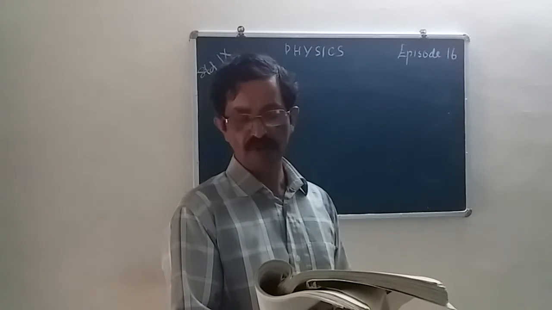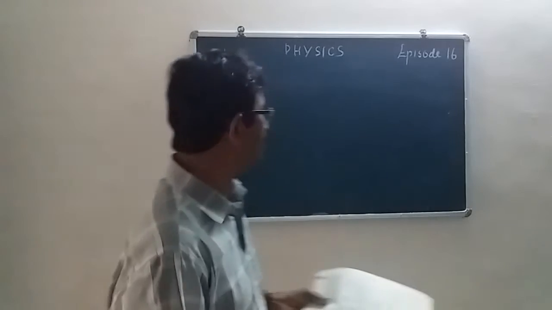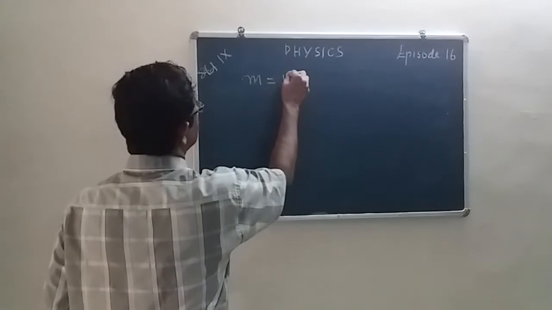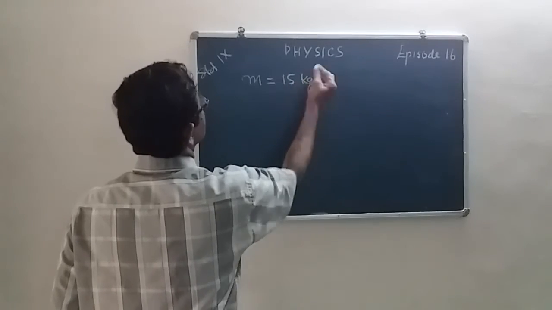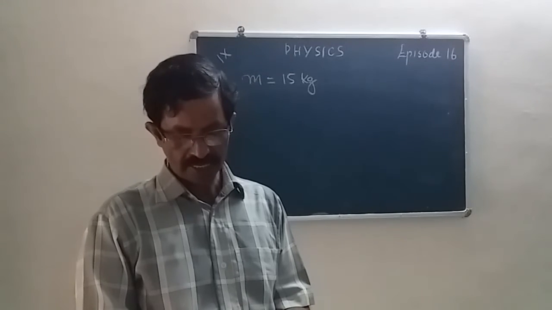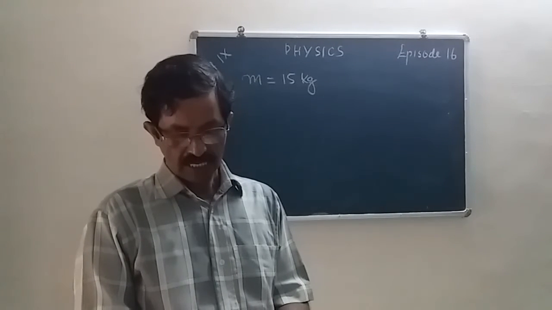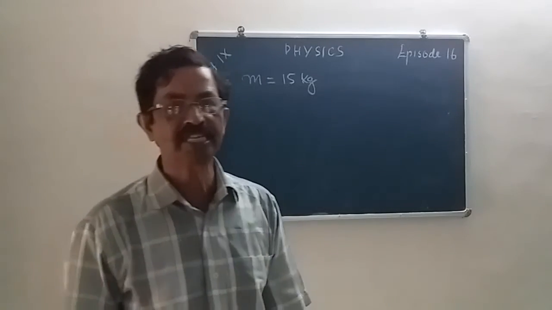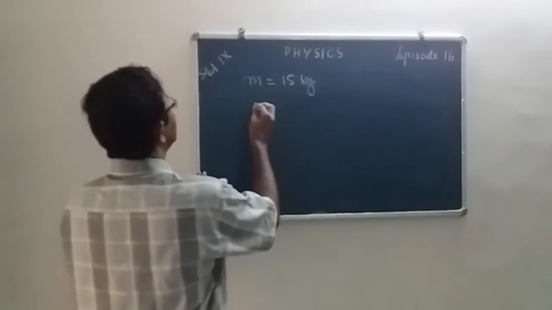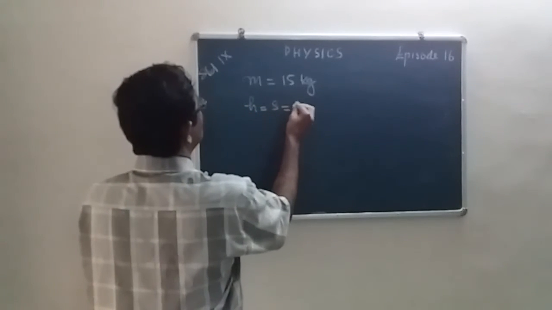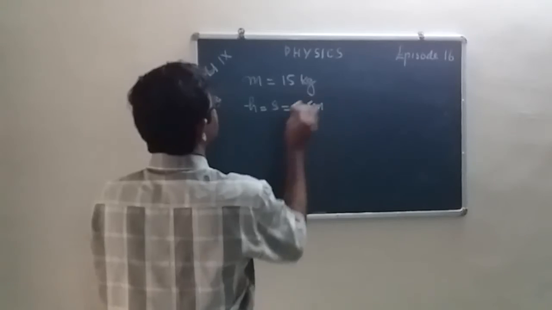See, a porter lifted a luggage of 15 kg. That means the mass of the luggage is given, m is equal to 15 kg, and it is lifted to a height of 1.5 meter above the ground. See, height h or s is equal to 1.5 meter.